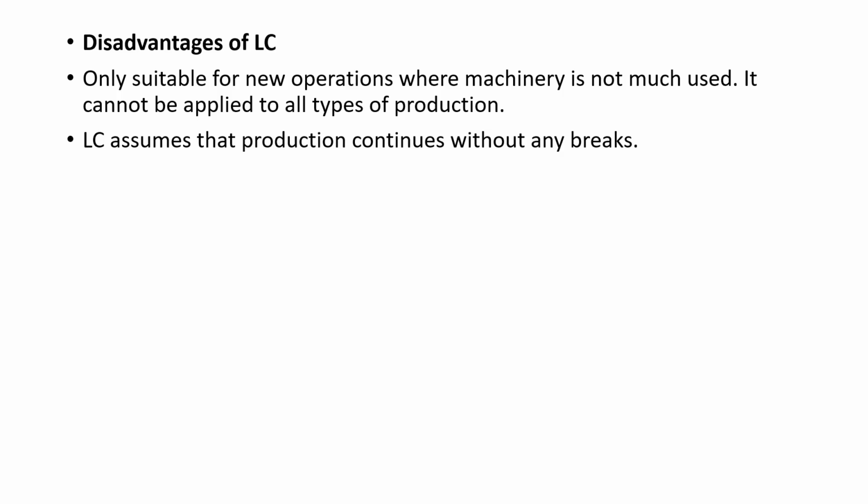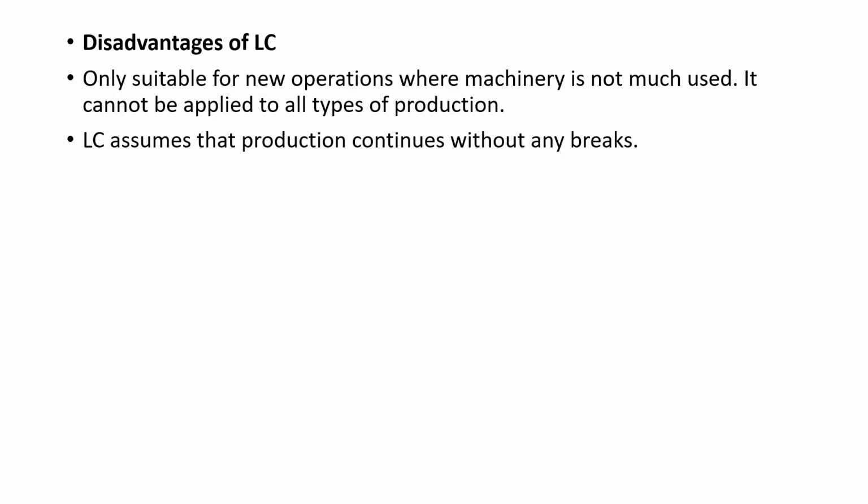But in reality, does production happen continuously without break? In reality, no, it does not happen, because power can go off, workers can go on strike, or machinery can break down. Machinery has to cool down.